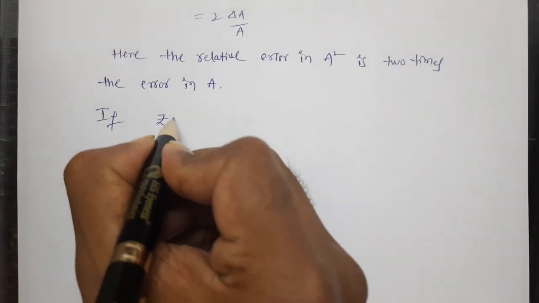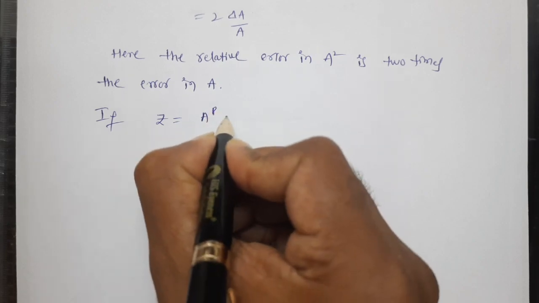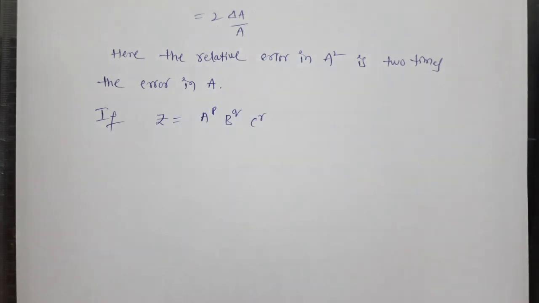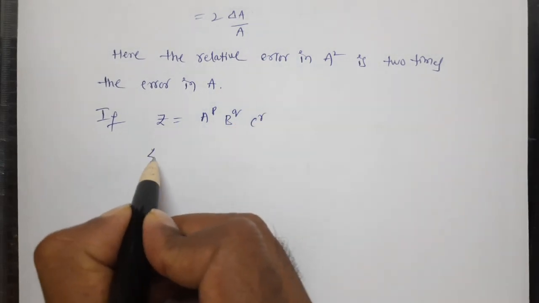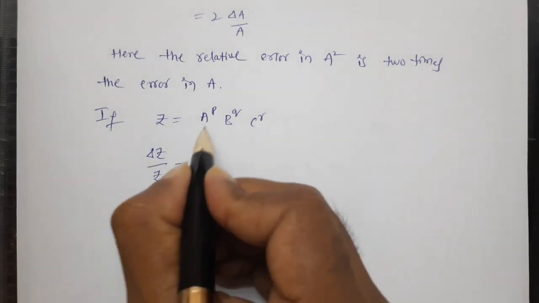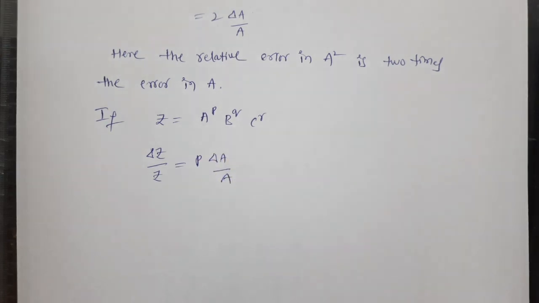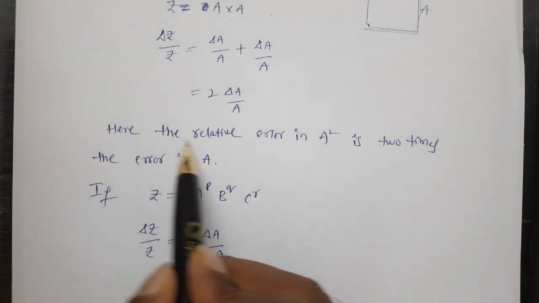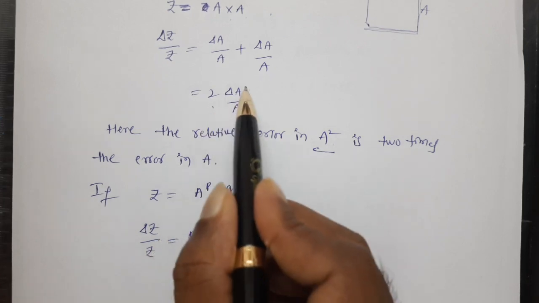If z is equal to a power p, b power q and c power r, and p, q, r are integers here, then what do we get, guys? Delta z by z is equal to p into delta a by a, because here we have written the relative error in a square is 2 into delta a by a.